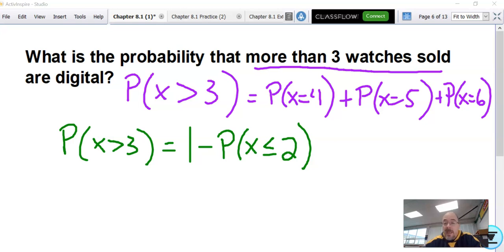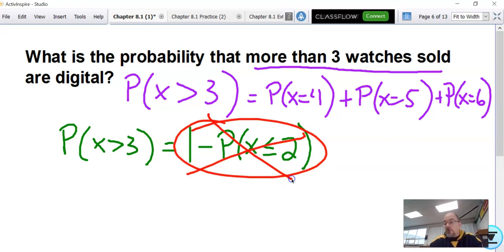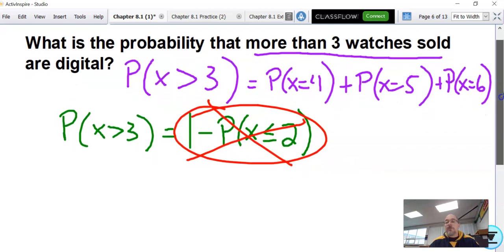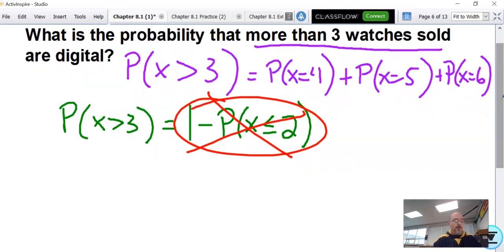Unfortunately, ladies and gentlemen, that does not include the 3, if you think about it. Greater than 3 is 4, 5, 6. And this setup is actually not going to work. So my apologies. Unfortunately, that will not work because the 3 is not included with that. So just to save time, folks, here's what the setup looks like.